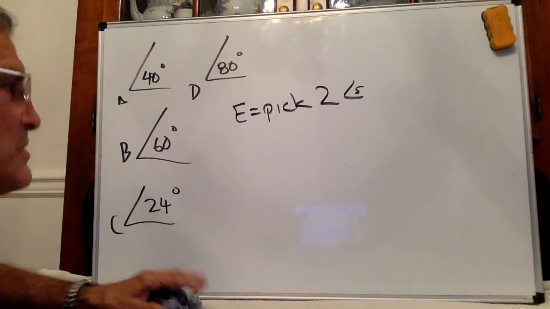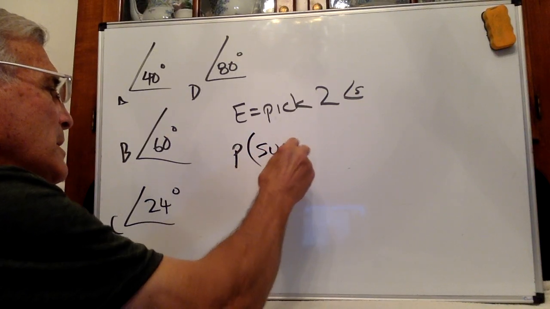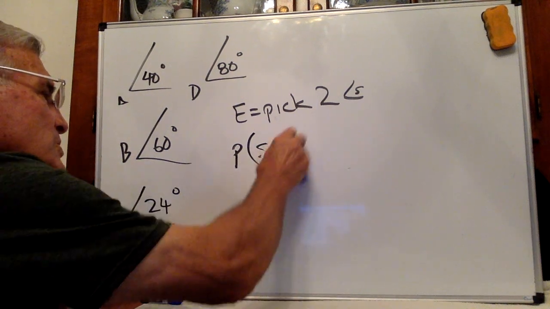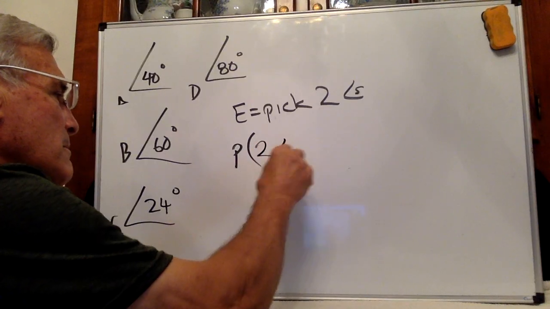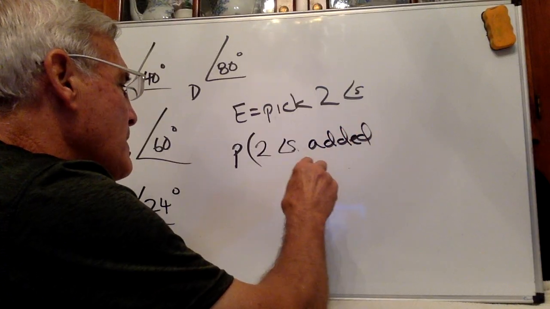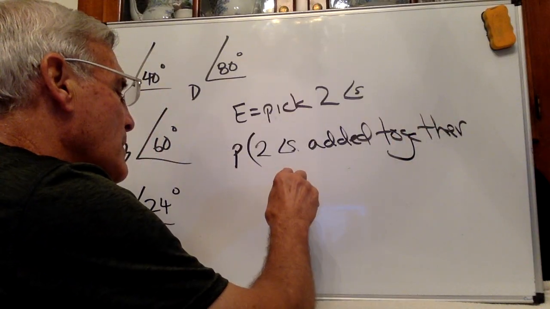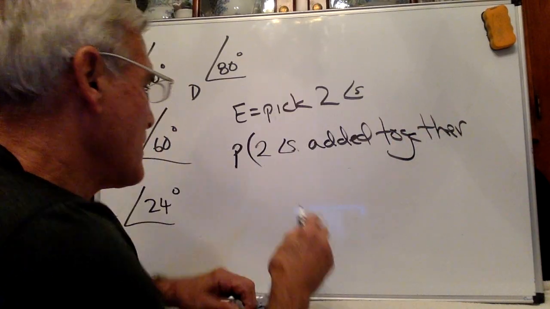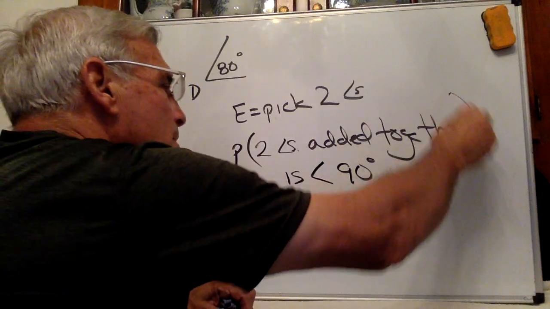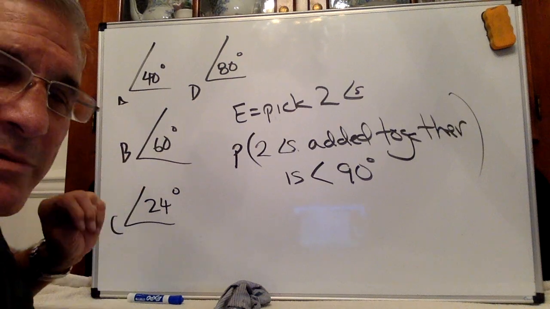Pick any 2 angles. What is the probability of getting a sum... Event E is going to be, I'm going to pick any 2 of these 4 angles.